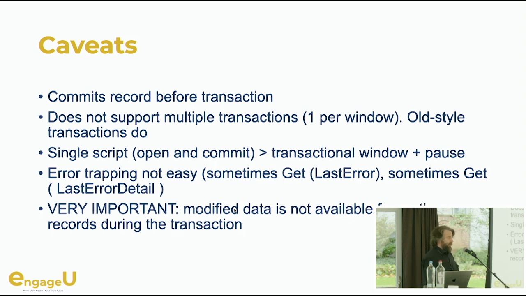Unexpected behavior, which I think is new because I don't think that was the case in the first version: when you open a transaction, it commits the current record in case you were editing it. That's something you have got to know. It does not support multiple transactions, one per window. As a reminder, old style transactions do, so you can still do it, it still works.